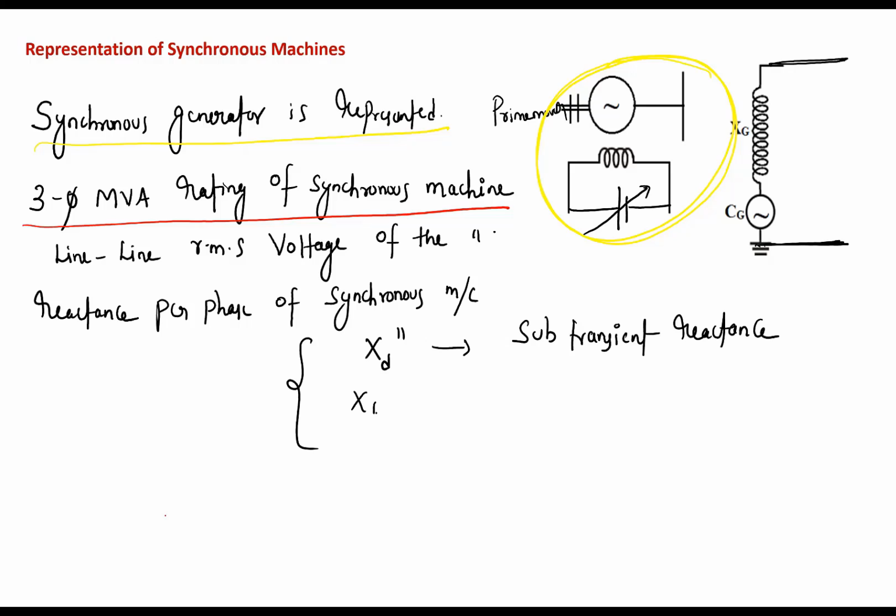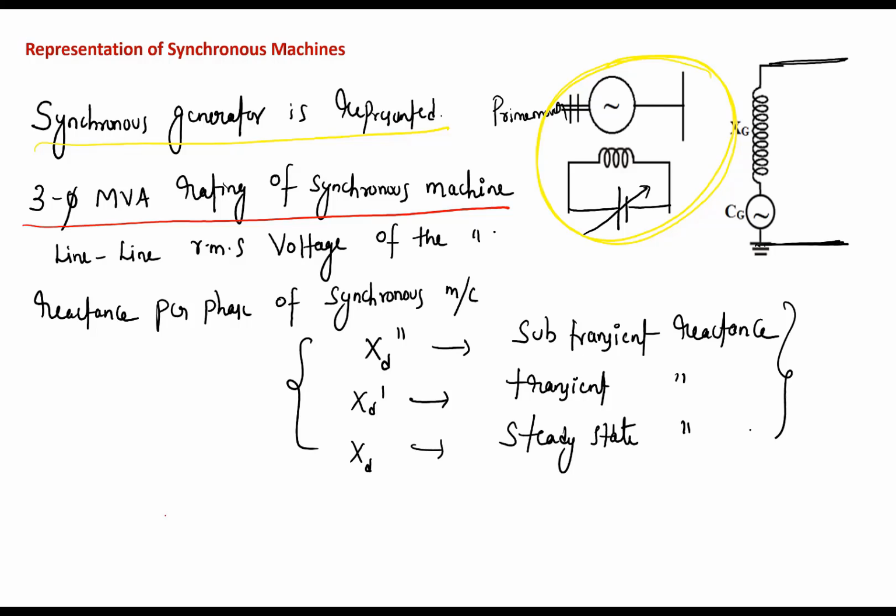The second is X_d dash, the transient reactance of the synchronous machine. X_d is called the steady-state reactance. All are direct axis reactances of cylindrical rotor machines.